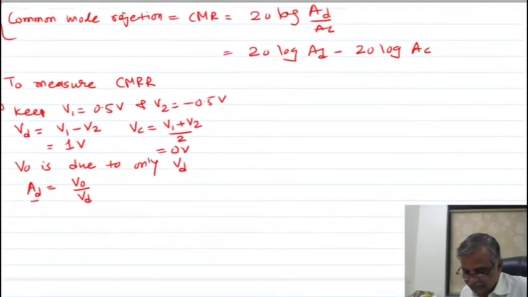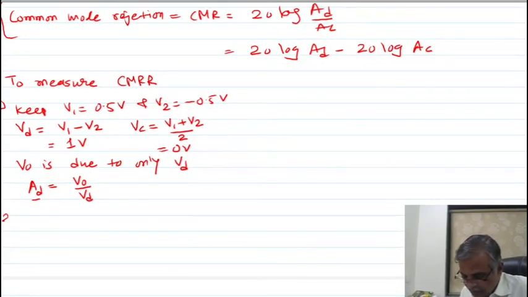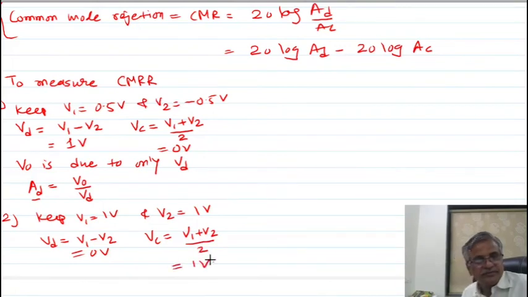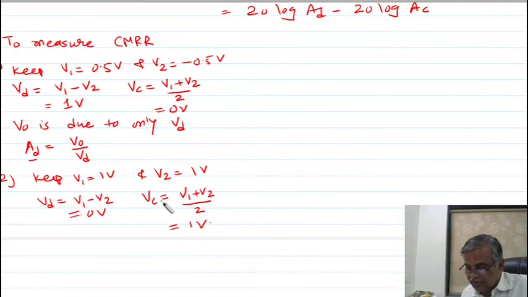Now second, keep V1 equal to 1 volt and V2 equal to 1 volt. So the differential voltage is 0 and the common mode voltage, V1 plus V2 by 2, is 1 volt. So you will get output due to only the common mode signal, not due to the differential signal.